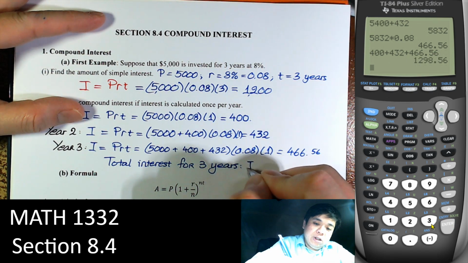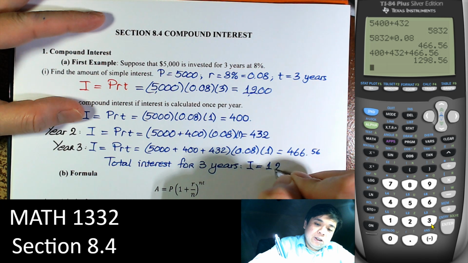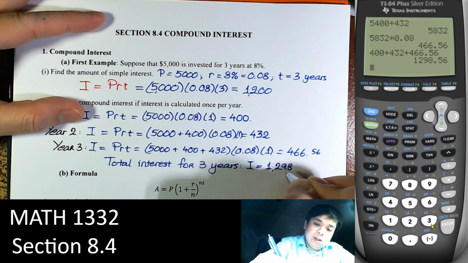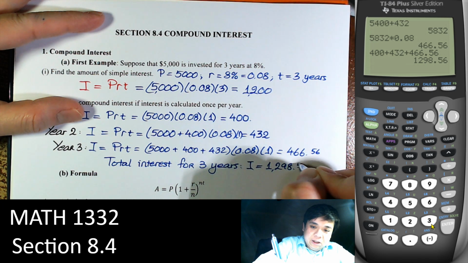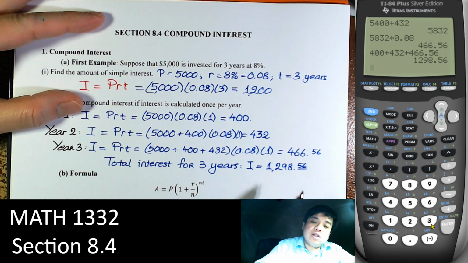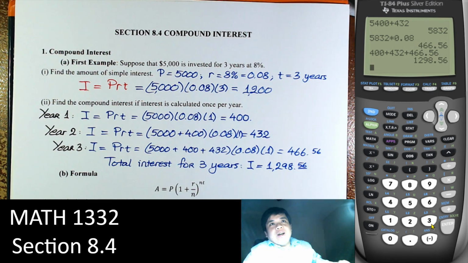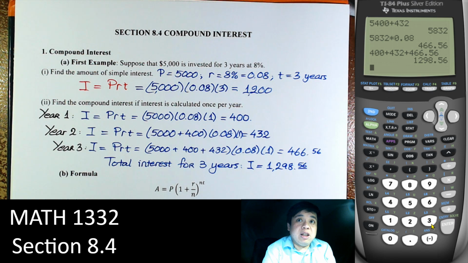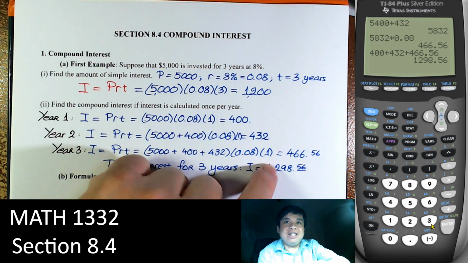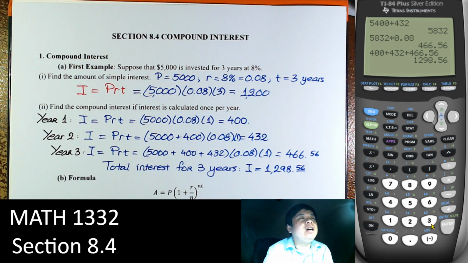So the interest is equal to 1,298.56. Of course, that is more than the 1,200 we have for the simple interest. Of course, in terms of investment, we should do that. So bottom line is, the more often we withdraw the money and take the interest at that moment and keep investing, that will be better.